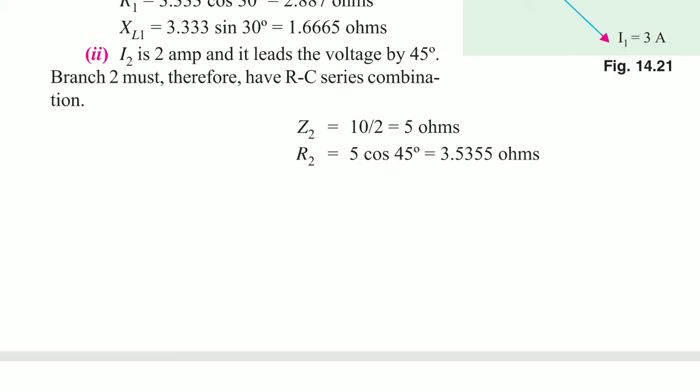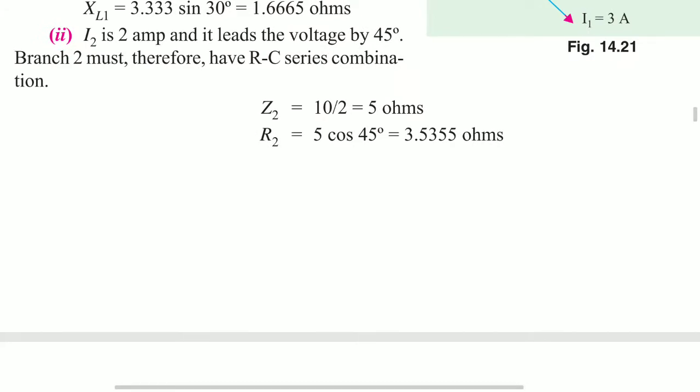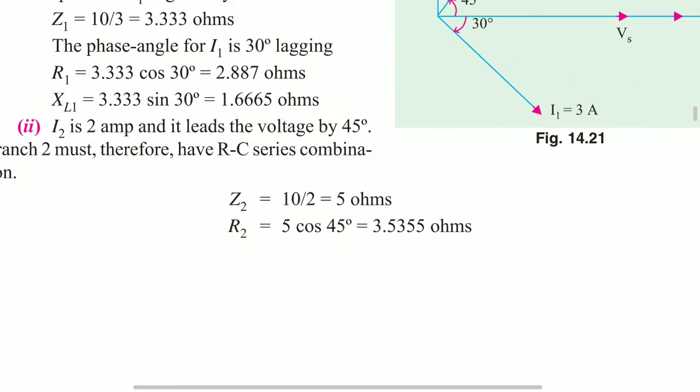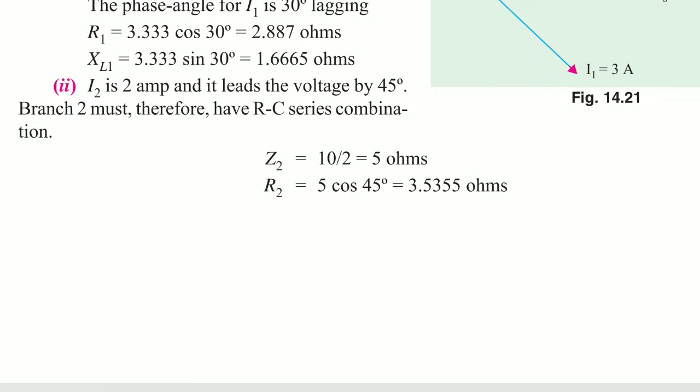In a similar manner we find Z2, that is voltage by current: 10 volts by 2 amps, which is 5 ohms. Similarly R2 is Z2 cos 45 degrees, that is 5 into cos 45 degrees, which is 3.5355 ohms.